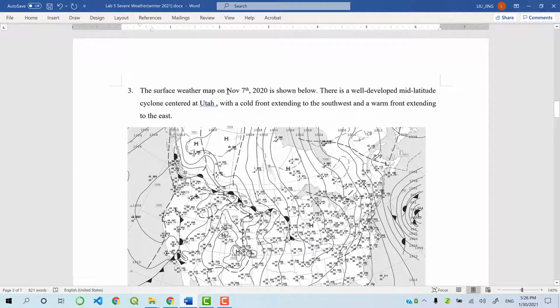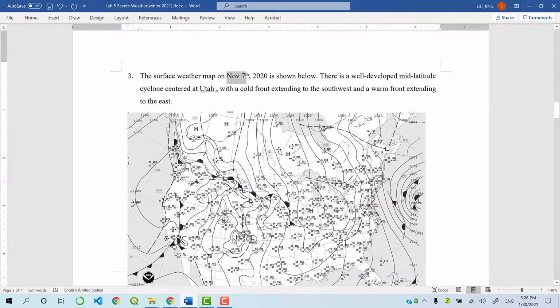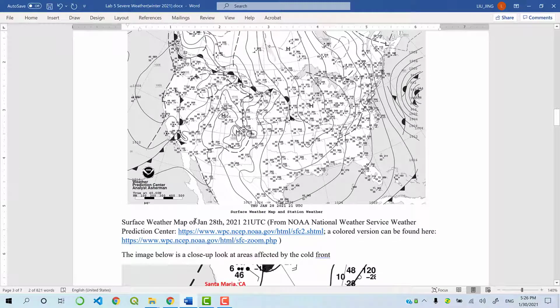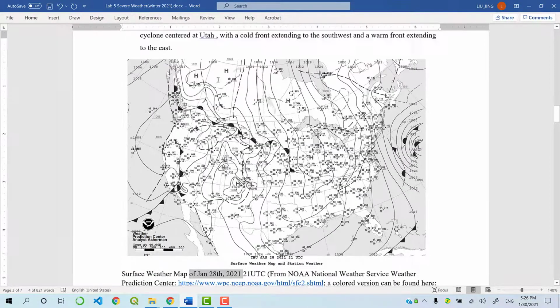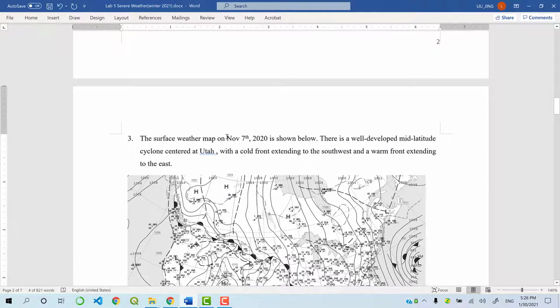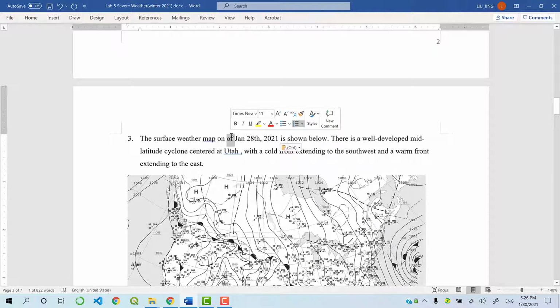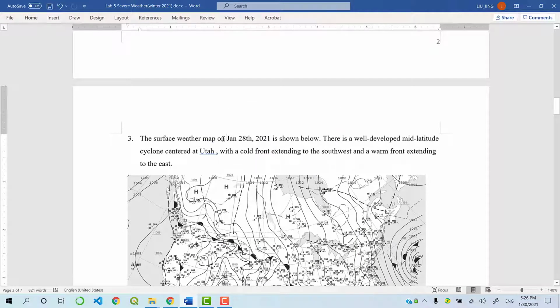And oh, this is the fun part. I need to change the date. I actually have a new map for you. This should be January 28th, 2021, shown below.